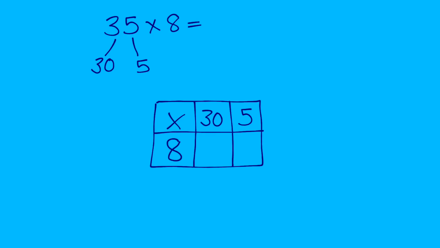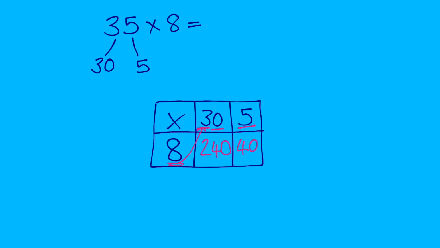So first of all I'm going to do the 8 multiplied by the 30, which is 240, and as before, remember we can do 8 times by 3, which is 24, and then times by 10. And then I've got my 8 times by 5, which is 40.